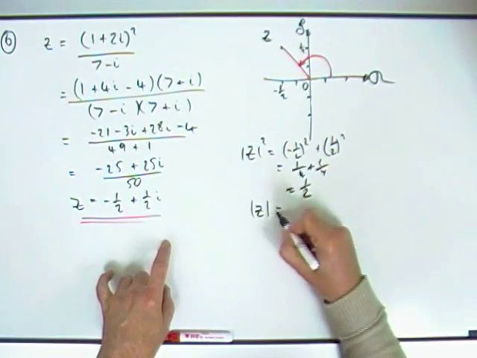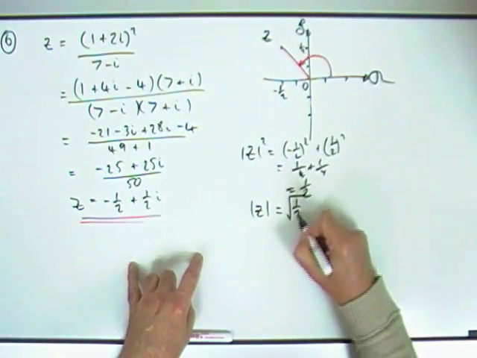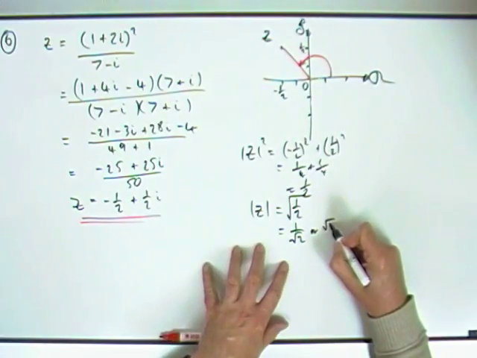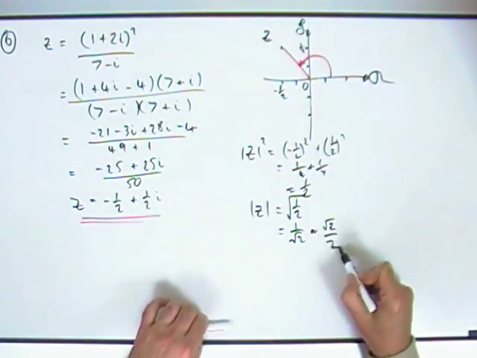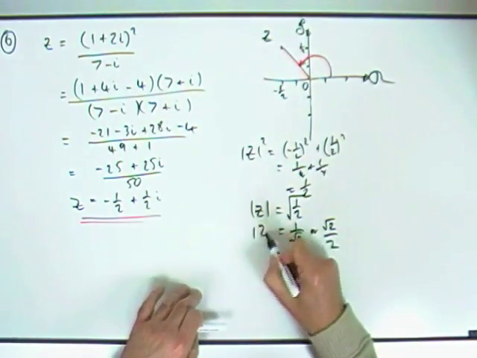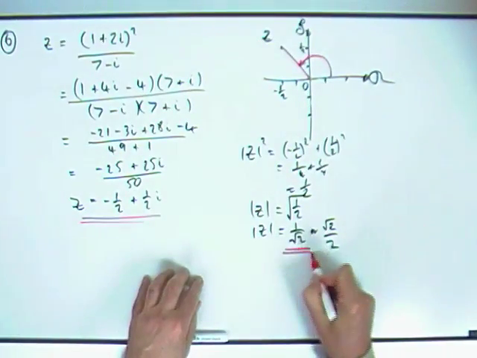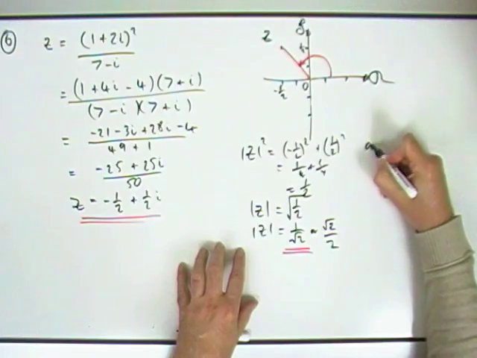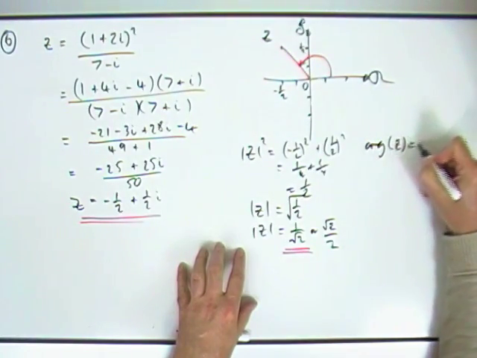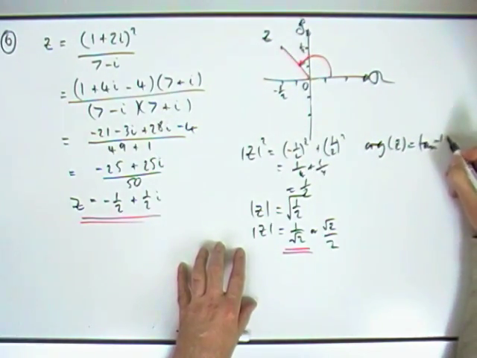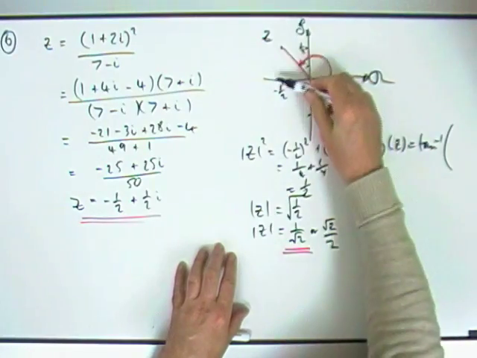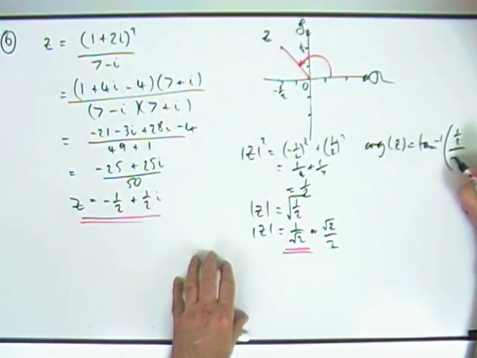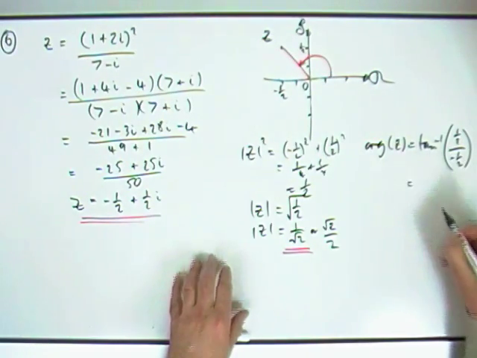So the modulus of z is going to be the square root of that. The square root of a half, which is either 1 upon root 2, or if you want, you can put that as root 2 upon 2, if you prefer a rational denominator. I'll just leave that one. And then the angle, the argument. The argument of z is going to be the inverse tan of the distance up over distance along there, the imaginary part over the real part.